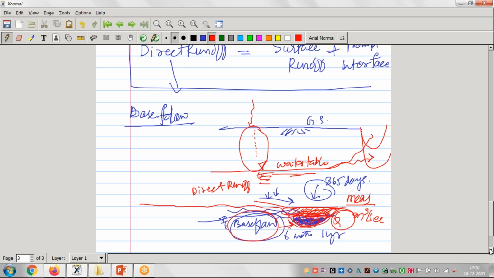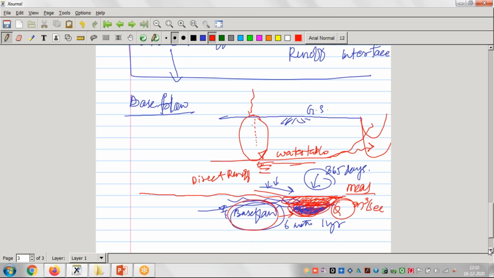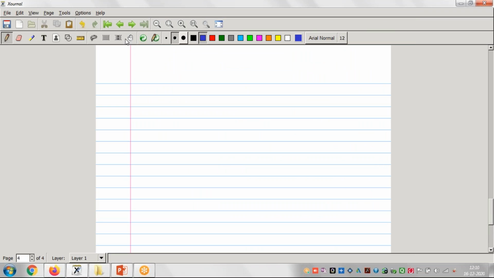That's why, when they are preparing the hydrograph, there is some discharge already there, and after that they have started and drawn.